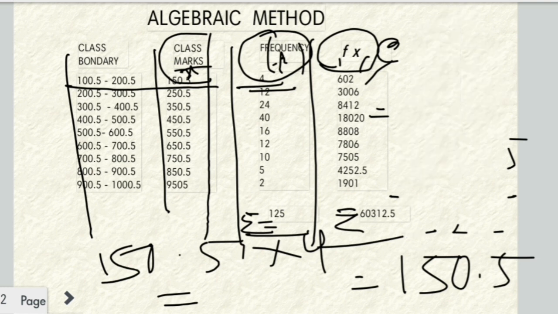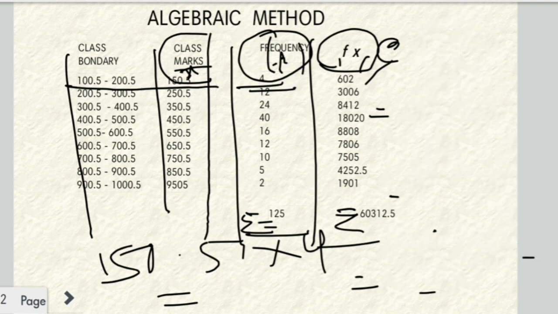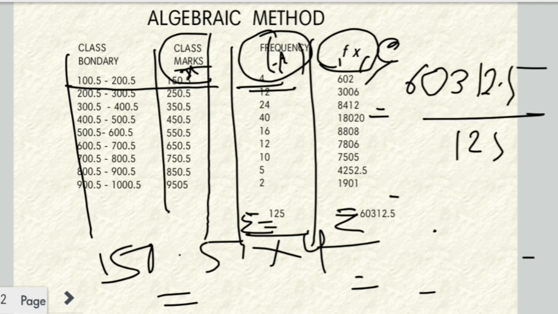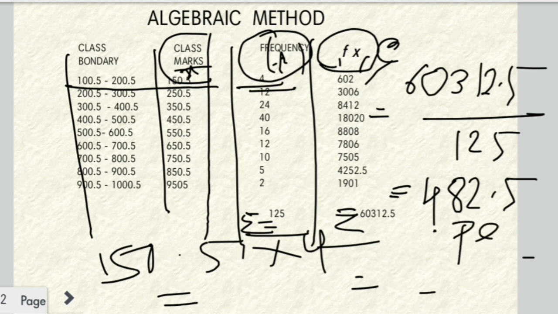So mean is 60,312.5 by 125 equal to 482.5 persons per square kilometer, because this table is a density table, a population density table.